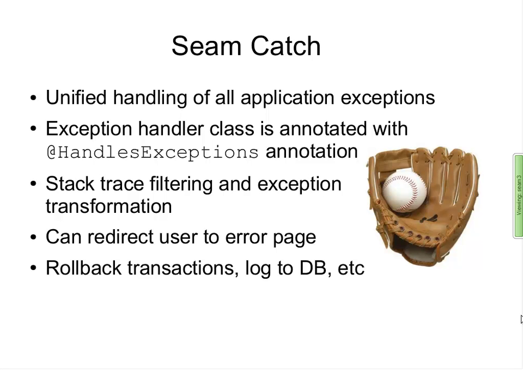As for the exception handling logic, there's basically no restriction on what you can do. You might want to redirect the user to an error page or display an error message in the UI, or you might want to roll back a database transaction, or perhaps you might want to do something like send a tweet or SMS message to notify some admin users that an error has occurred.